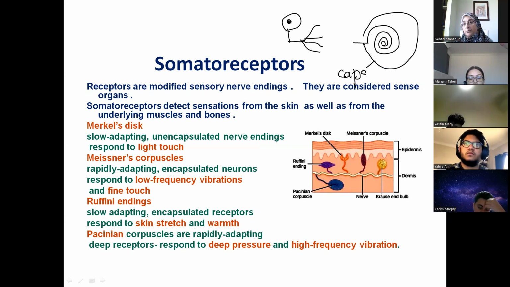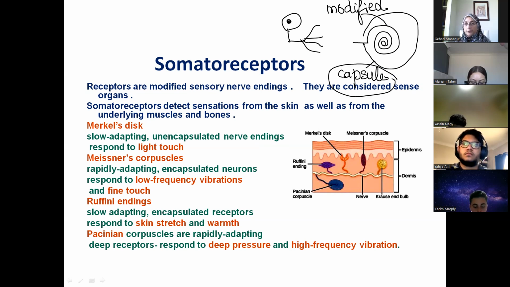If the sensory nerve ending is modified in shape، يعني مختلف عن ال typical sensory nerve ending، وكمان if it is encapsulated then it is a receptor. Are all modified sensory nerve endings encapsulated? No, not all of them are encapsulated. So we have some receptors that are encapsulated and other receptors that are not encapsulated.